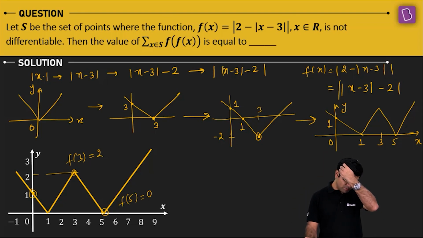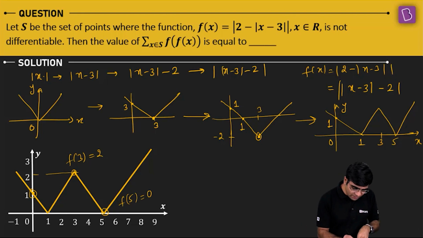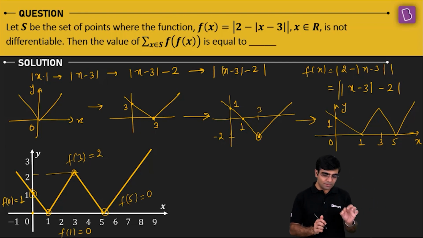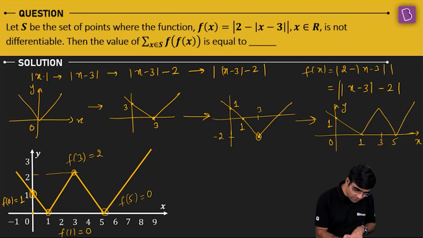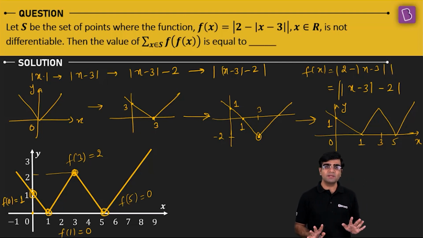So f of 5 becomes 0, f of 3 becomes 2, and here f of 1 also becomes 0. And at 0, I can say that f of 0 equals 1. So these are the 4 points which I marked. f of 0 is 1, f of 1 is 0, f of 3 is 2, and f of 5 is 0. Everyone comfortable with it?